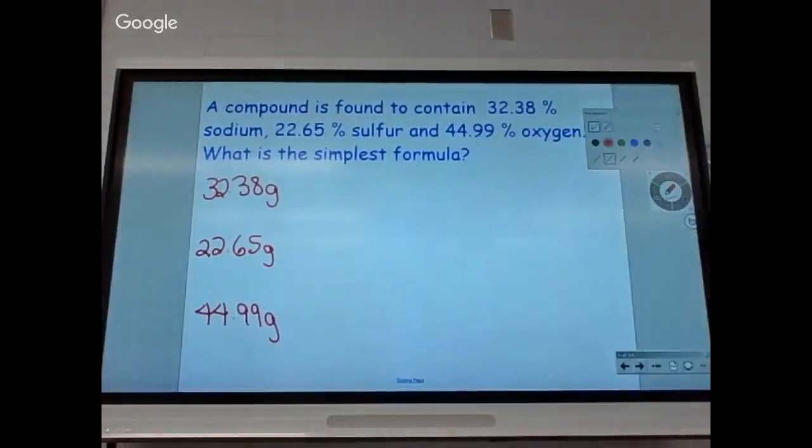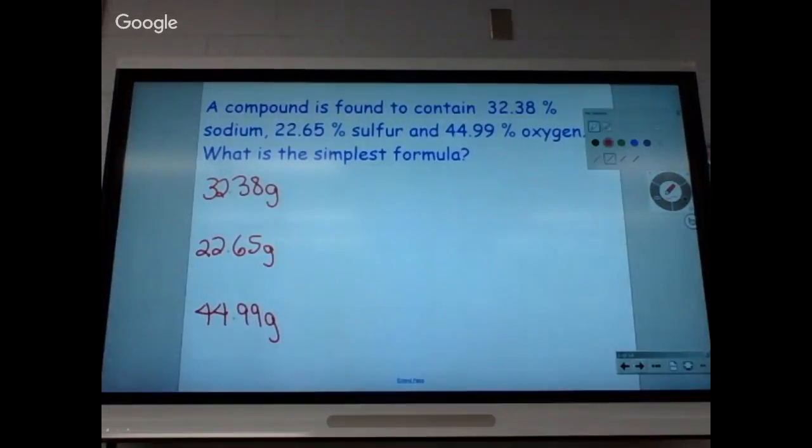Because if it's 100%, we're just going to assume it's 100 grams. So that's why I said, when Jada said move the decimal and divide by 100, easier than that. We're literally just going to erase percent and write grams.